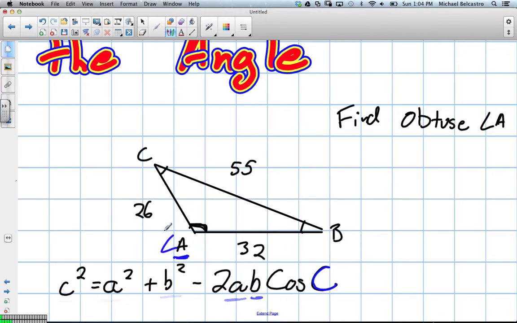A lot of times what they'll tell you to do is rewrite the formula with A at the end and A here, and then put C in for the A's. It's not the most difficult thing to do, but another way is that we can name a triangle anything we want.